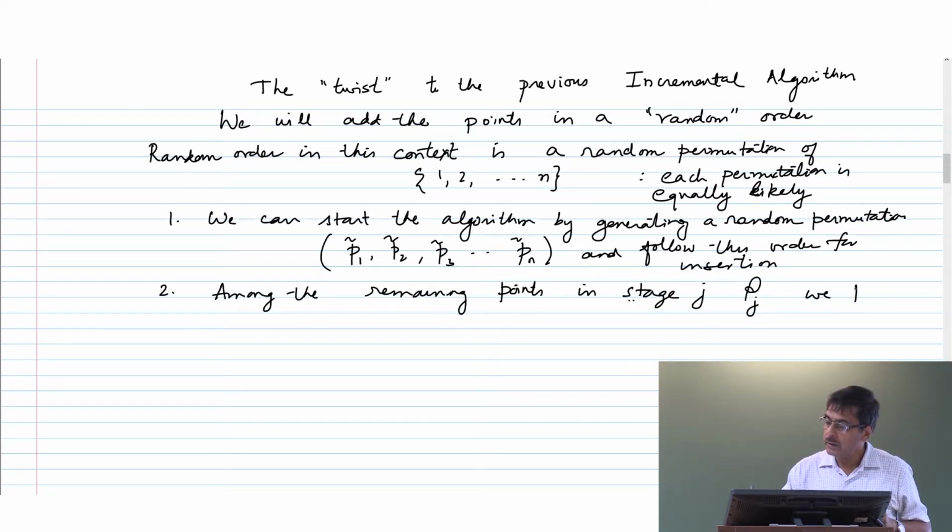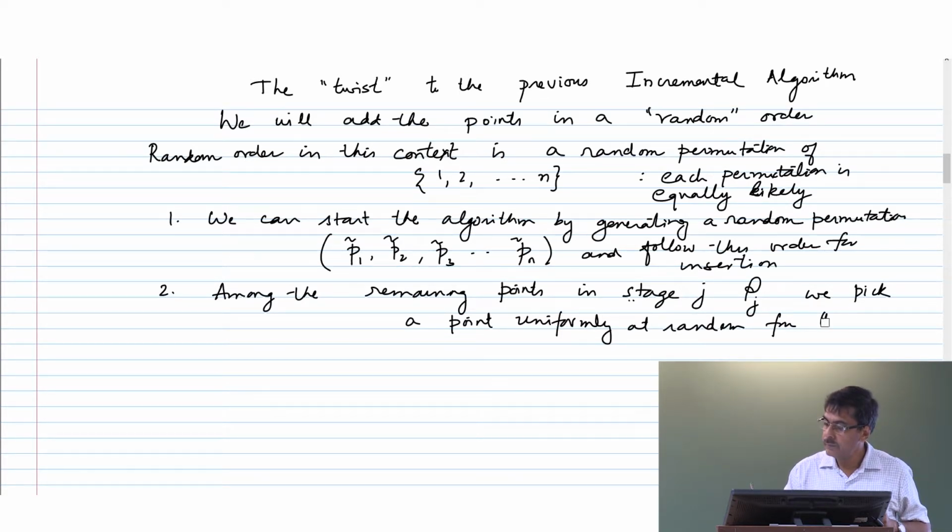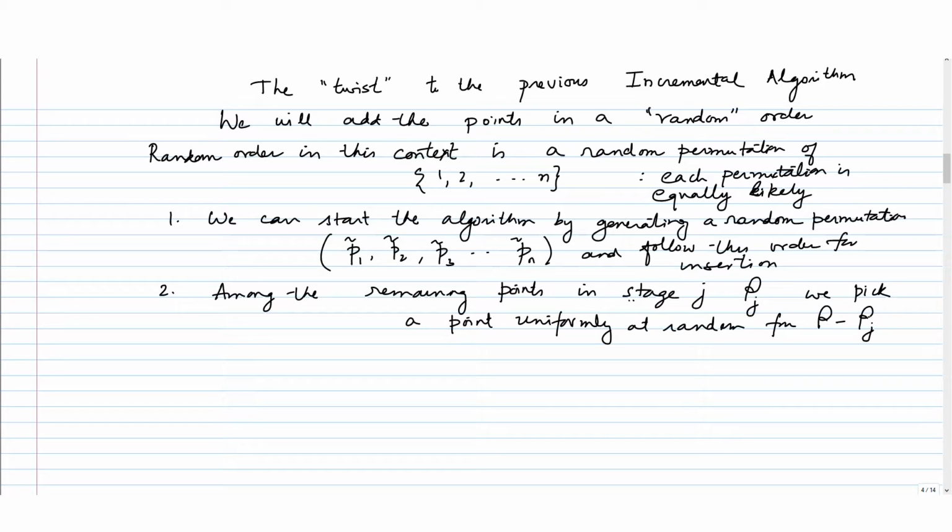We pick a point uniformly at random from the initial set of points minus Pj. So we will just pick one of the points that we have not added, uniformly at random, and use that sequence. These are equivalent things. Either I can generate the random permutation initially or I can follow this. Both will basically give me the same outcome.